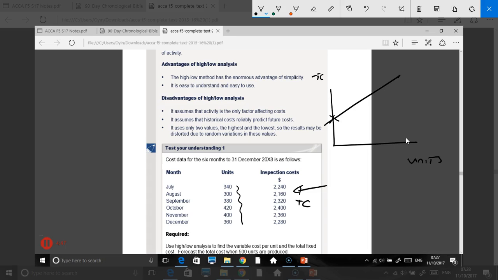In terms of activity, I'll pick my lowest and highest activity, being 300 and 420. So when my units are 300, my total costs are 160.